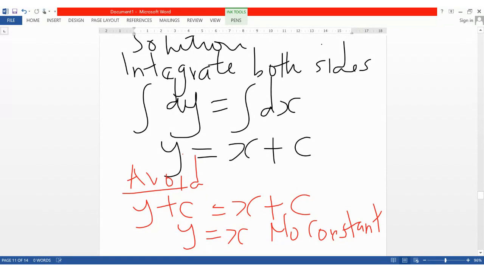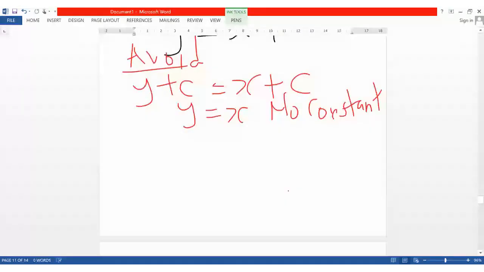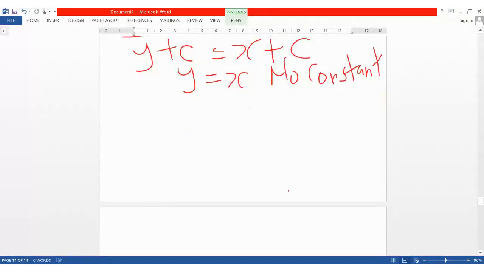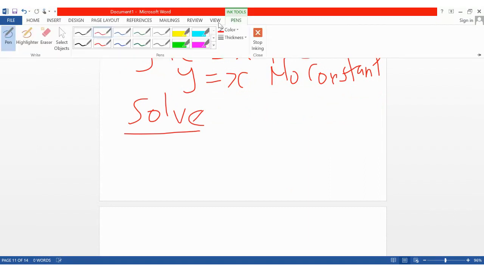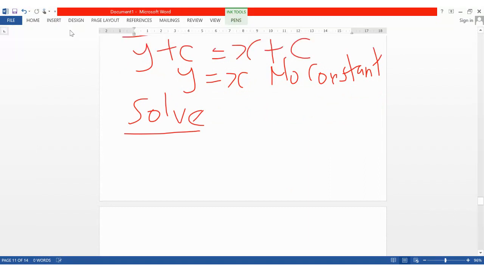So I'll demonstrate with this equation how to get the value of c. I can rephrase this one in another way. Check this one out.